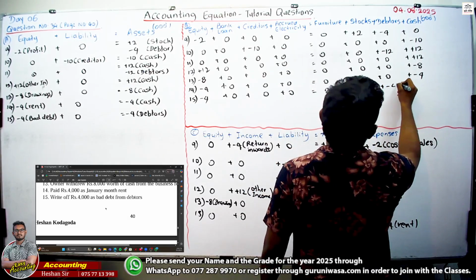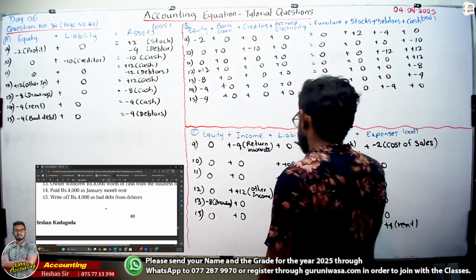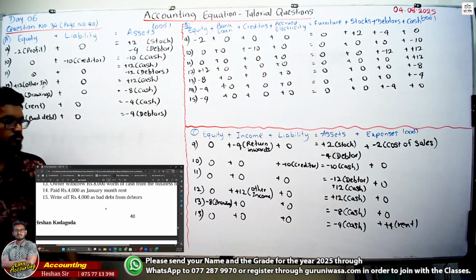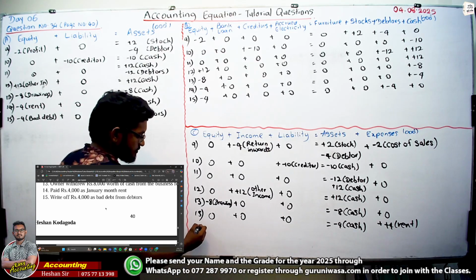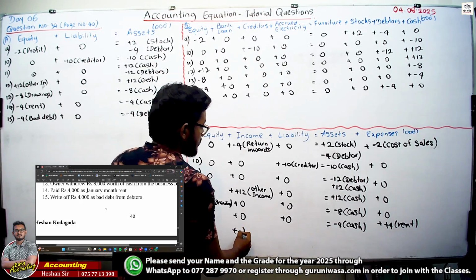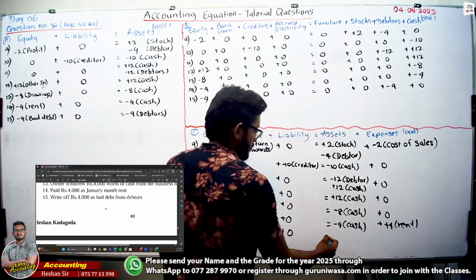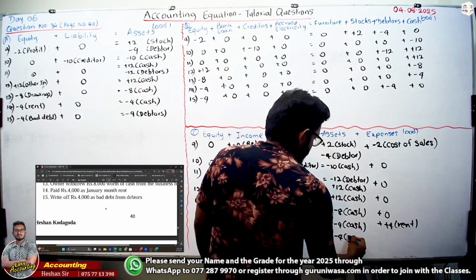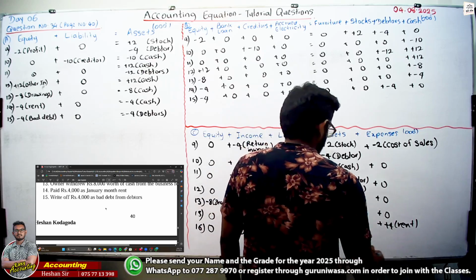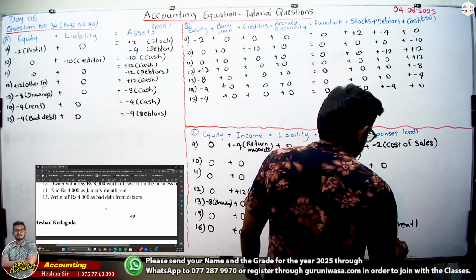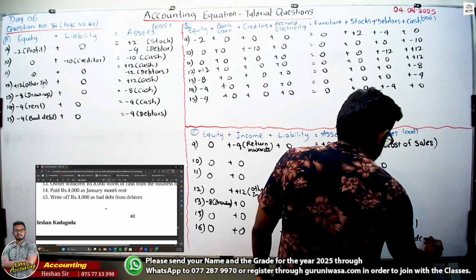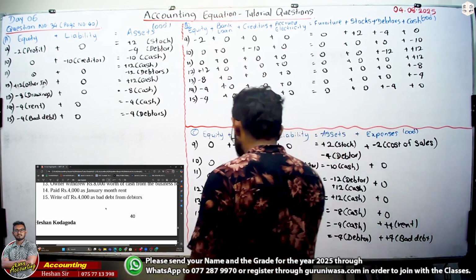Debtors decrease 4. Nothing can be written in equity because expense is separate. Asset decrease 4,000 as debtors. Expense also increases 4,000 as bad debt. Bad debts is an expense. Expense increases in this formula, not decreases.